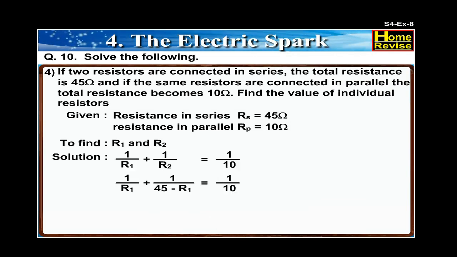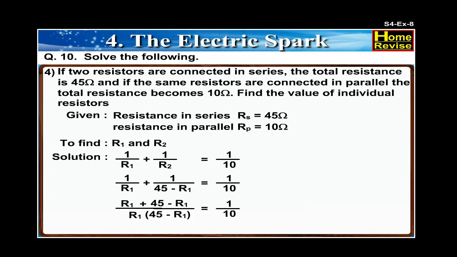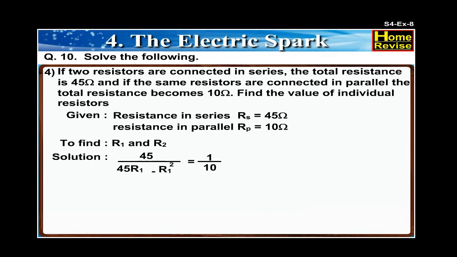1 upon R1 plus 1 upon 45 minus R1 is equal to 1 upon 10. R1 plus 45 minus R1 upon R1 bracket 45 minus R1 is equal to 1 upon 10. Further, 45 upon 45 R1 minus R1 square is equal to 1 upon 10. 450 is equal to 45 R1 minus R1 square.